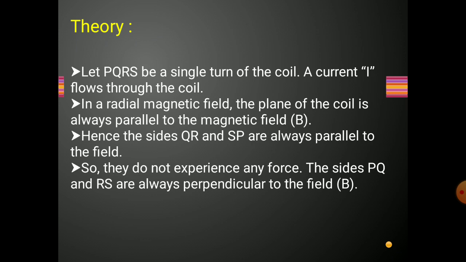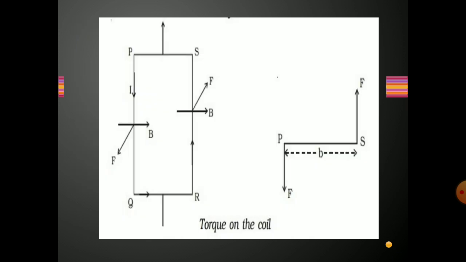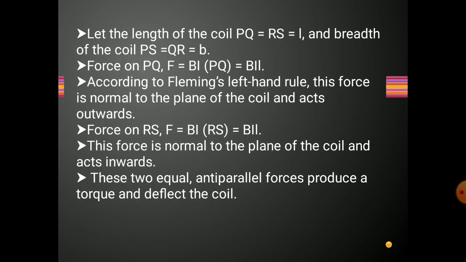As they are in the direction of the magnetic field, they don't experience any force. The other two sides of the rectangular coil, PQ and RS, are always perpendicular to the magnetic field. That is what you can see here. In the dark lines, they show the direction of the magnetic field B. These two sides PQ and RS are always perpendicular to these lines.